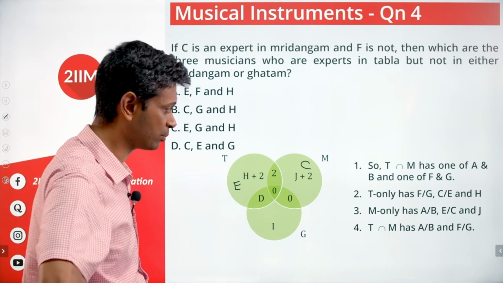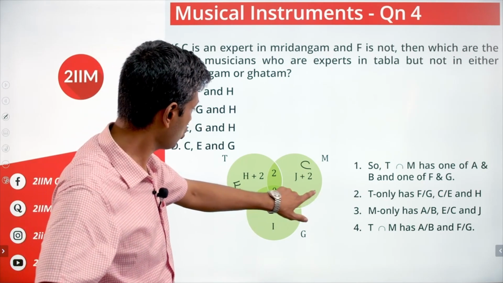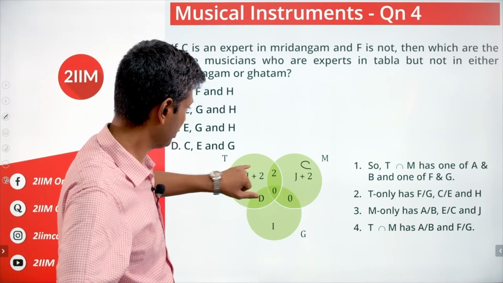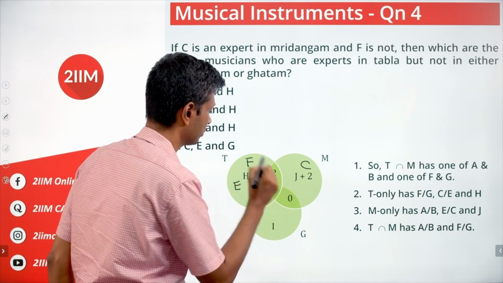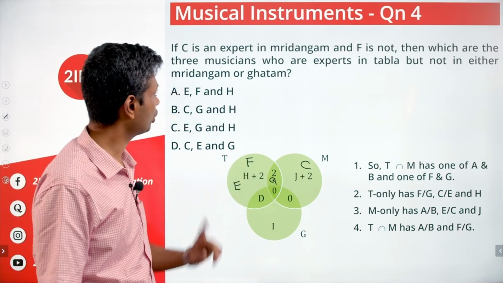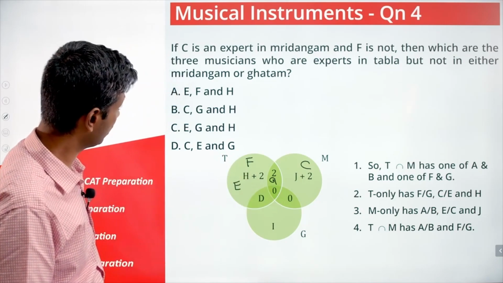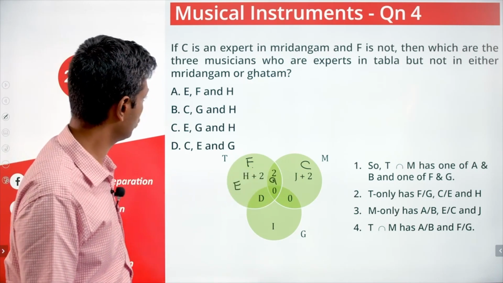F is not an expert in mridangam. That means T only has F or G. That means F is not here. This should be F. This should be G. Of F or G, one has to be here, the other has to be here. F is not here. That means F should be here, G should be here, C should be there.